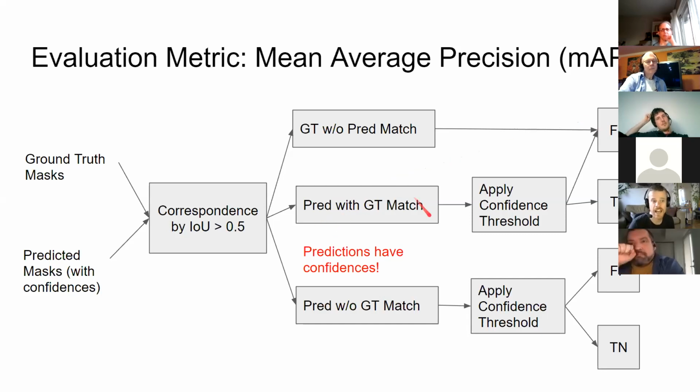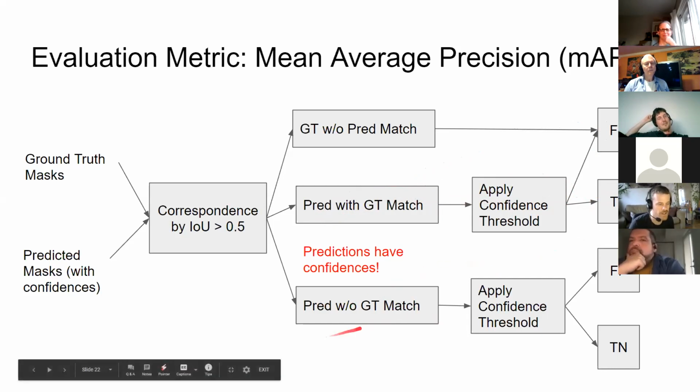If we predicted it and it had a match, and it was above our threshold, then it's a true positive. We kept it in, we didn't throw it out, we predicted it, it was a match: true positive. But if it was below the threshold, then we're going to throw it away. But it had a match, so it goes into false negative. I know this gets a little bit verbose and hard to keep in your head at once, but hopefully this is making sense.